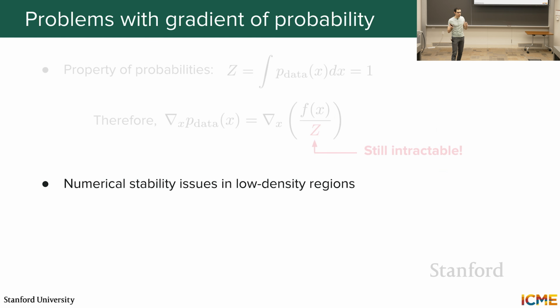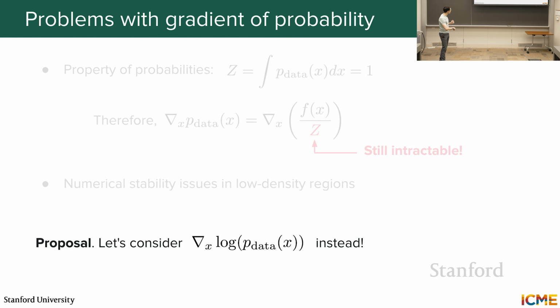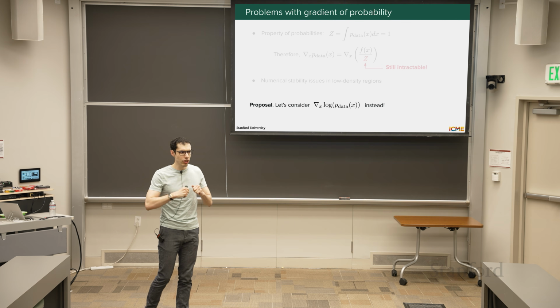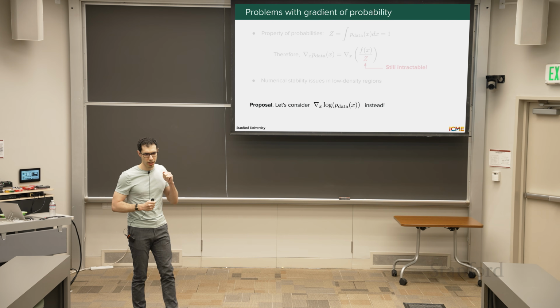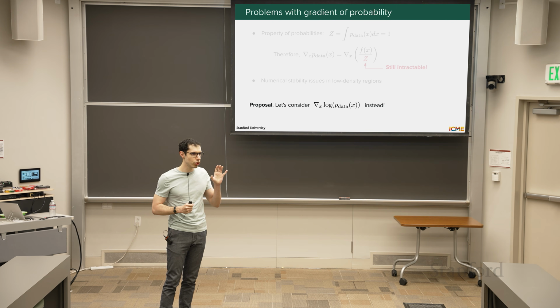So because of these reasons, maybe we can take a look at another candidate of a way for you to go from a certain point towards regions of high density of the space. And that potential candidate can be the gradient of the log of the probability, as opposed to just the gradient of the probability.